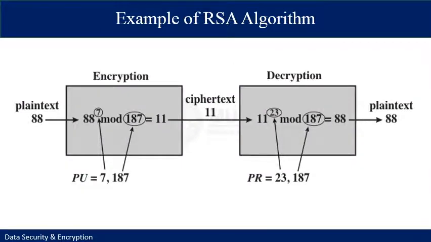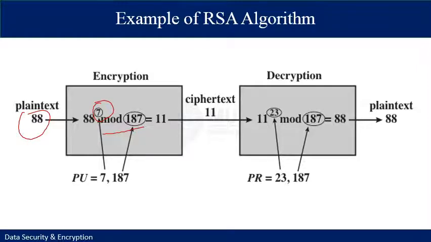This example shows the use of these keys, which we discussed in the last slide, for a plain text input m equal to 88. For encryption we need to calculate the ciphertext C, which is equal to 88 raised to power 7 mod 187, where 187 is n.